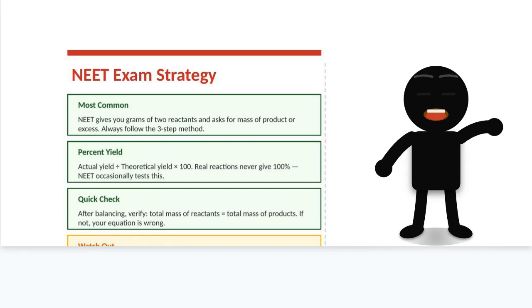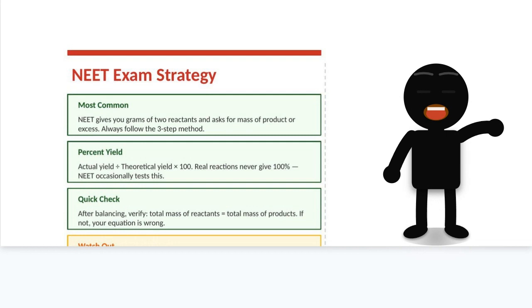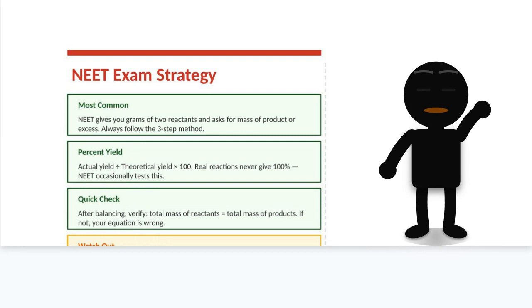NET also occasionally tests percentage yield. The formula is actual yield divided by theoretical yield, multiplied by 100. The theoretical yield is what you calculate from the limiting reagent. The actual yield is what you get in reality, which is always less due to side reactions, spills, and incomplete reactions.